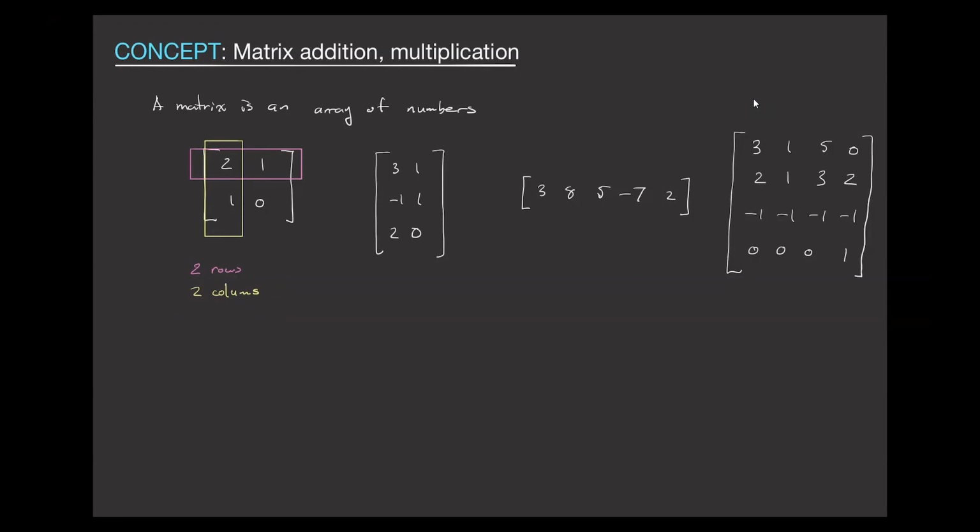So we have 2 columns here. We have 5 columns here. We have 4 columns here. We have 3 rows here. We have 1 row here, and we have 4 rows here. We would call this a 3 by 2, a 1 by 5, and a 4 by 4. So it's always number of rows by number of columns. This is what's called the dimensions of the matrix.